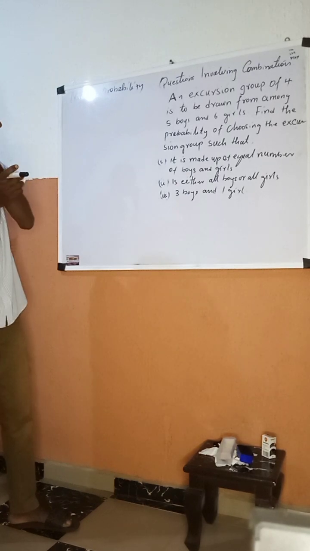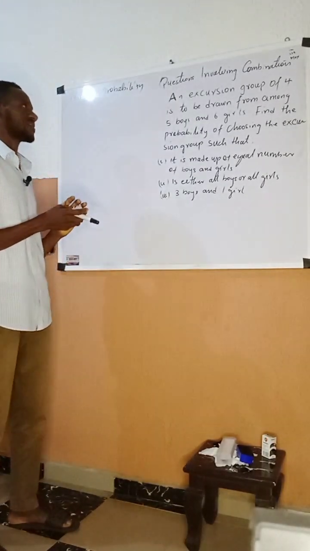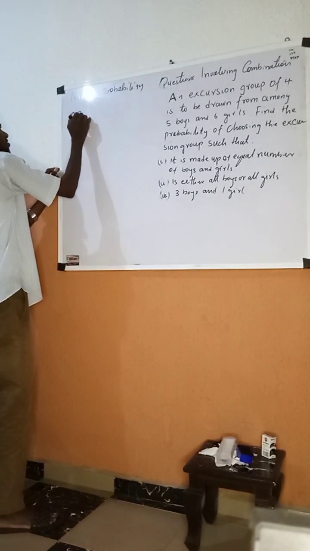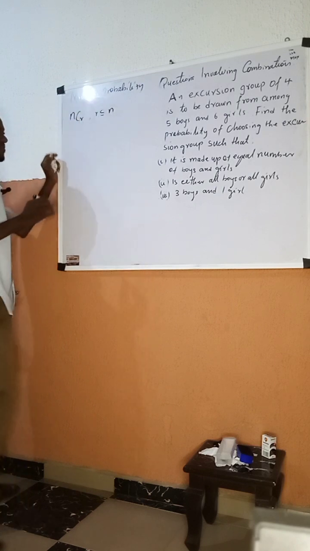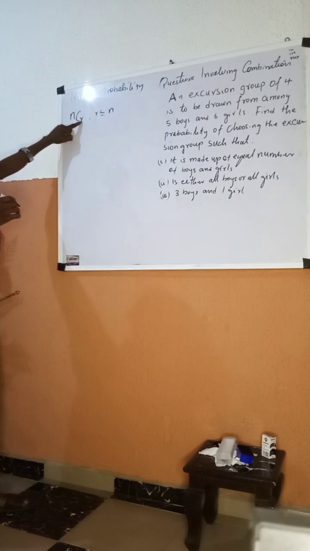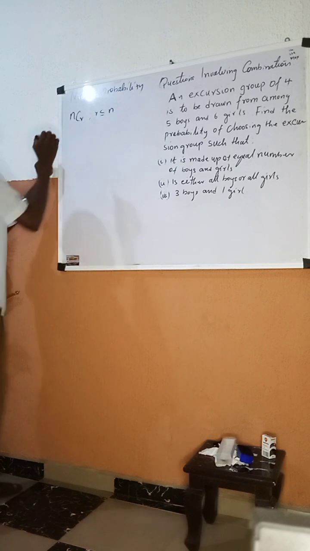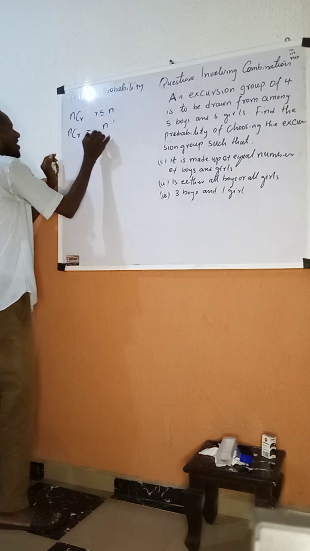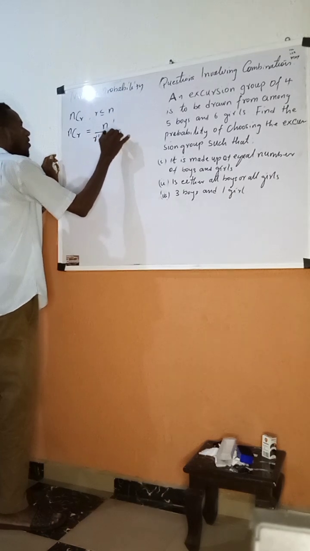And of course, we know that the number of ways of selecting R objects out of N objects in mathematics is given as N combination R, where R is less than or equal to N. And it is expressed like this: N combination R equals N factorial all over R factorial into N minus R all factorial.